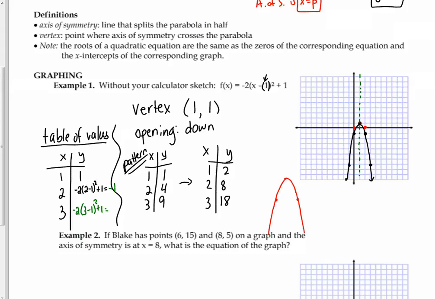Okay, 2 squared is 4, negative 8 plus 1, negative 7. So there it is. 3 went to 3 and negative 7, and then I know that's a mirror, right? That's the axis of symmetry, so then I know this point here. So you can just make a table of values as well to help you out.